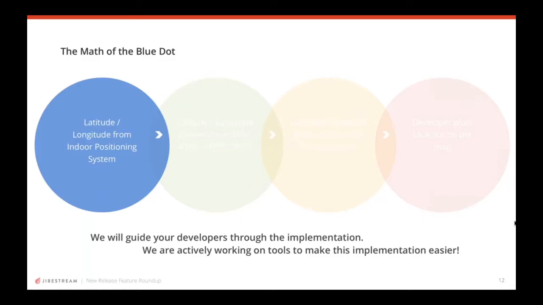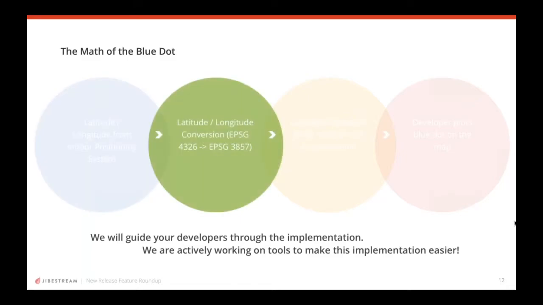So you get a latitude and a longitude from an indoor positioning system, which is what I referred to with the indoor positioning SDK. Unfortunately, indoor maps are not placed on a world map, so the latitude and longitude needs to be translated into an XY. When you get the latitude and longitude, the first thing that a developer would have to do is convert the latitude and longitude into another type of lat long, and you'll see it goes from 4326 to 3857.